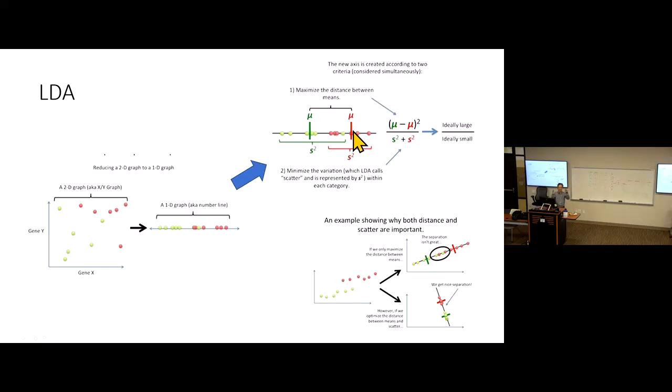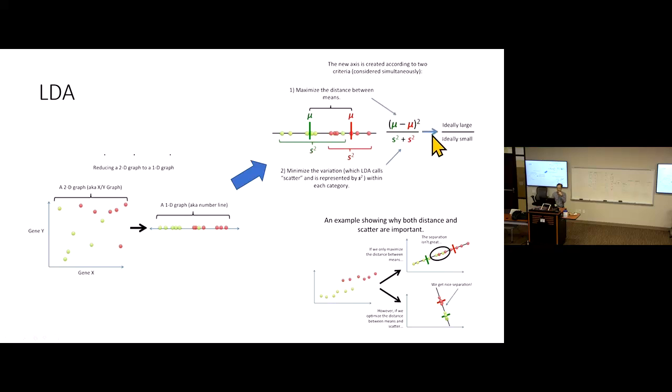You want to maximize their separation, and also you want to minimize within-group dispersion. Within a group, the variation will be small, closely located around the mean, the best. You want to minimize within-group variation, but maximize the difference between group means.